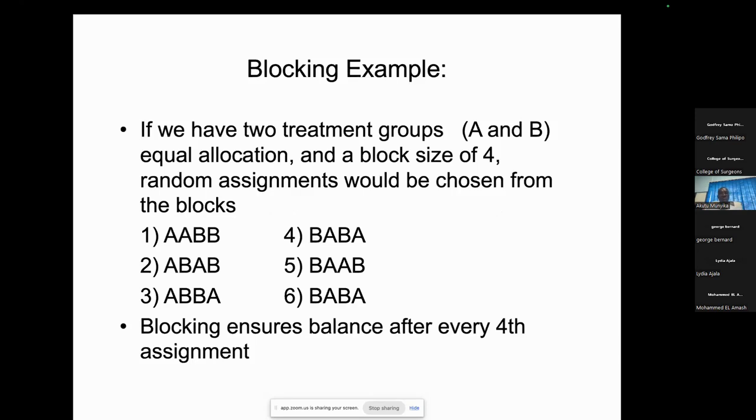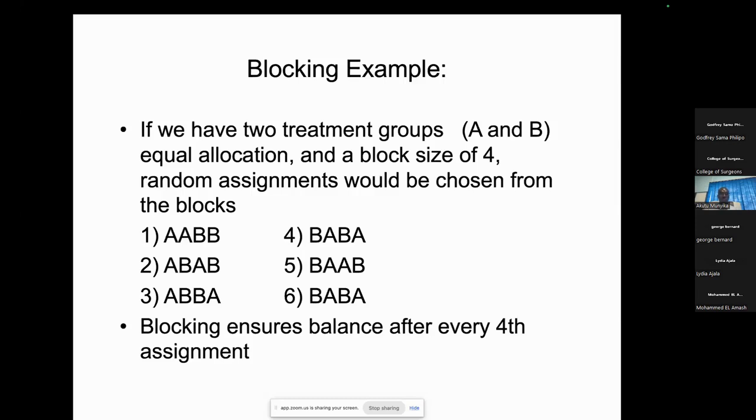If you look at what blocking a randomization or stratification is, let's take a blocking example. If we have two treatment groups, group A and group B, we can then have this equal allocation by choosing a block size. For example, here we are talking about these combinations, right? This can be chosen, and a computer can easily generate this.